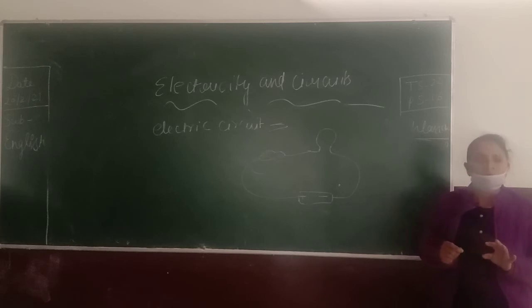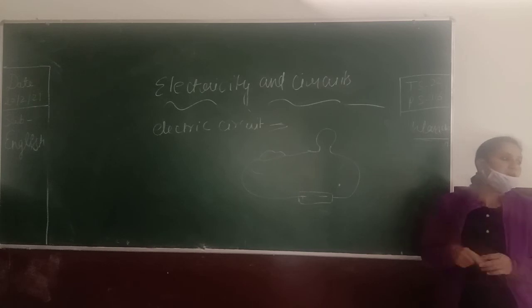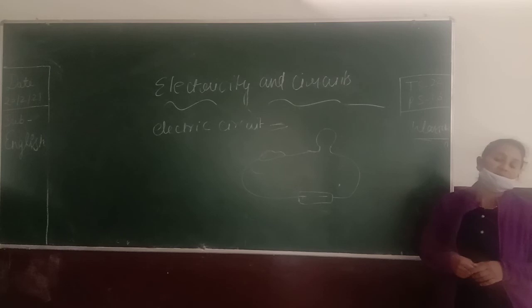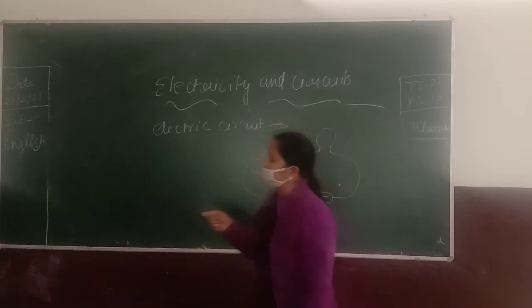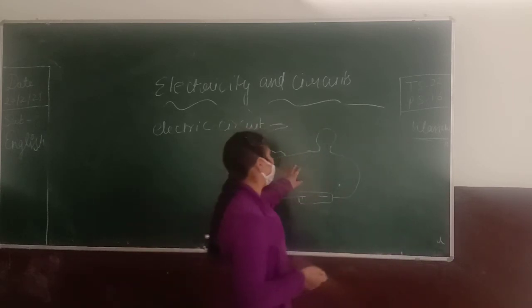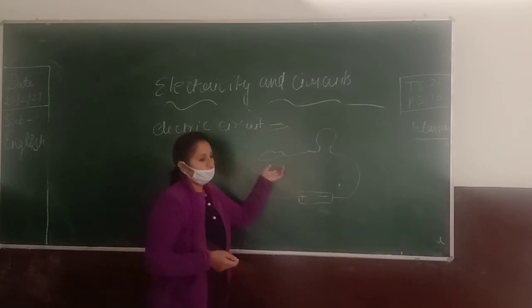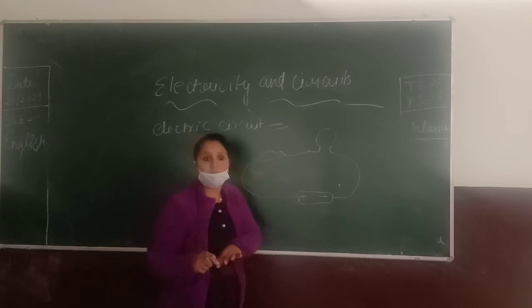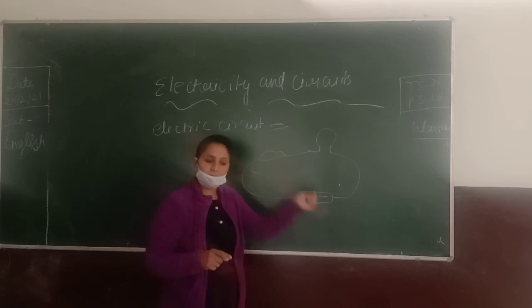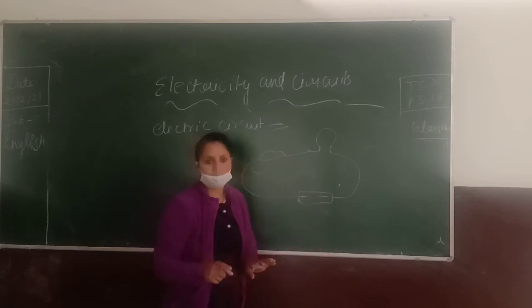Why? Because pin is a metal, and metal is a good conductor. Very good. Because pin is a metal and it is a good conductor of electricity, so it can easily pass electricity when it is connected to wires. When it is disconnected from the wire, the circuit will not work.